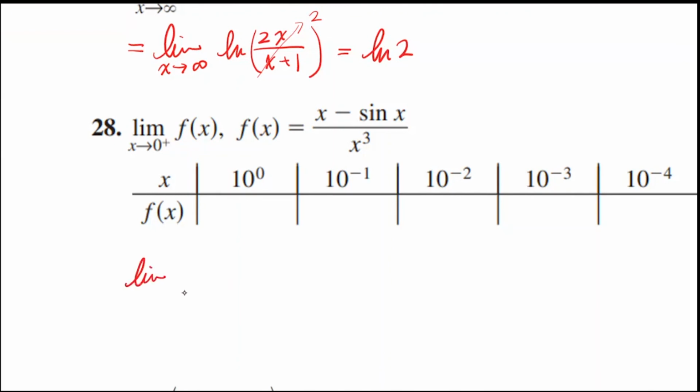So limit of x approaching 0 from the positive of (x minus sine of x) over x cubed. So we have this thing, numerator is 0, denominator becomes 0. So we have a 0 over 0 form, right?